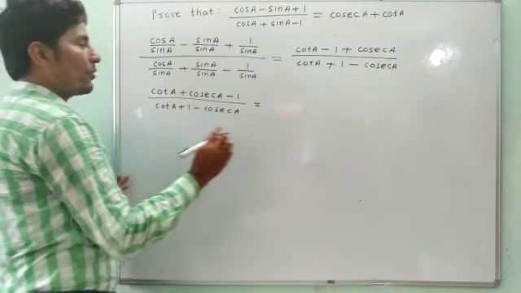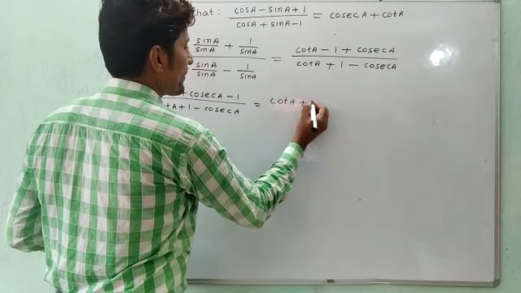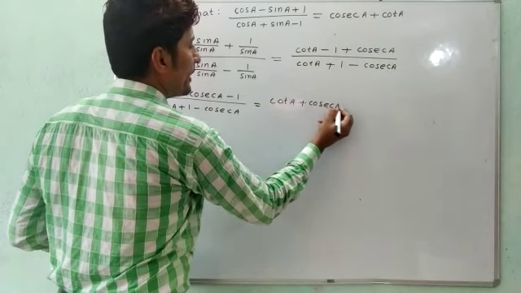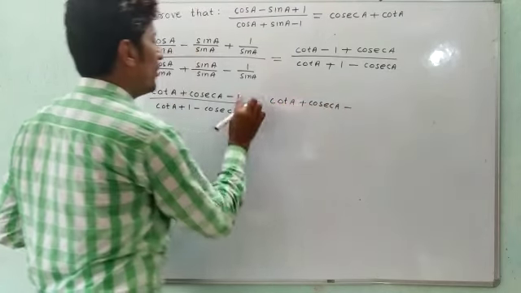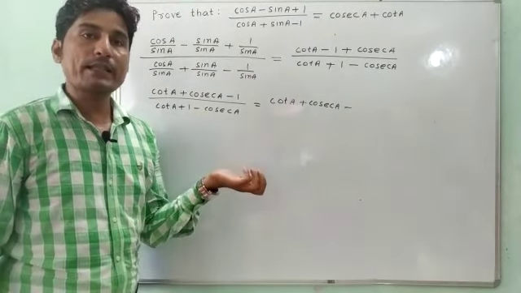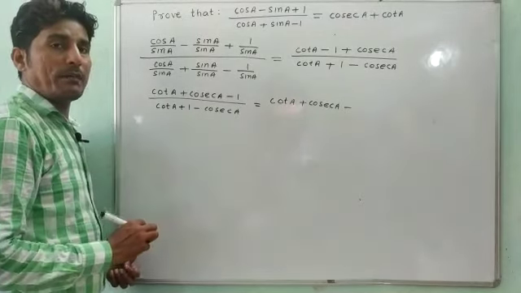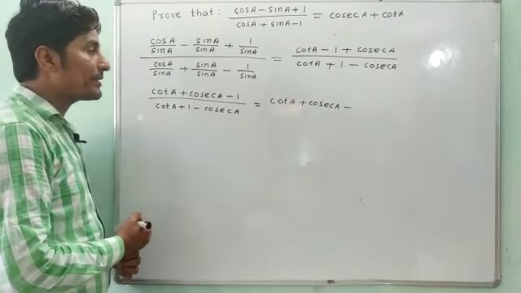Now cot A plus cosec A will remain the same. Cot A plus cosec A will be as it is, minus. In the place of 1 we can write cosec square theta minus cot square theta, because as we know cosec square theta minus cot square theta is always equal to 1.